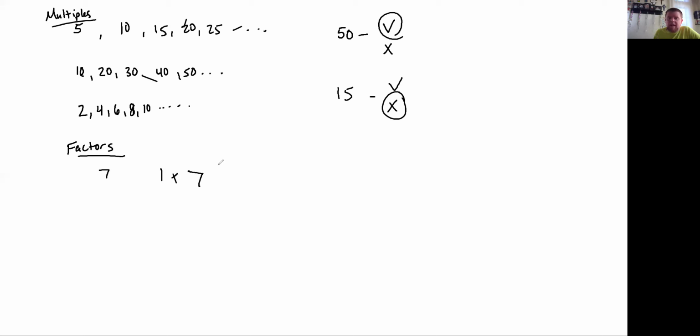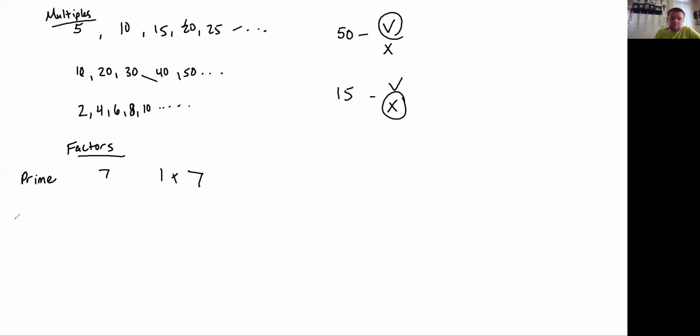So in the case of 7, I can only get 7 by multiplying 1 times 7. There are no other two numbers I can multiply to get 7. So that is an example of a prime number. And we'll talk more specifically about prime and composite numbers in later sections.